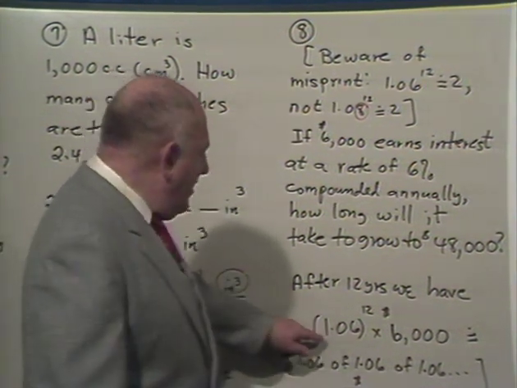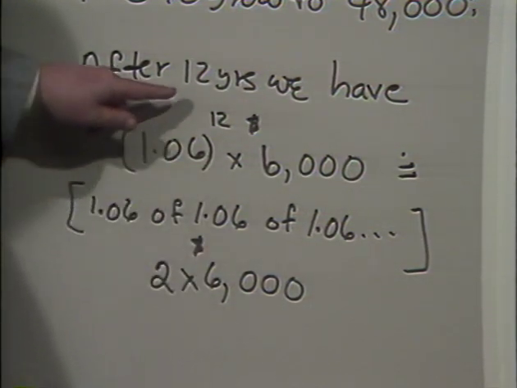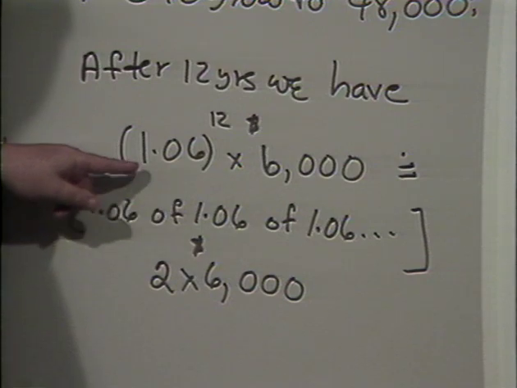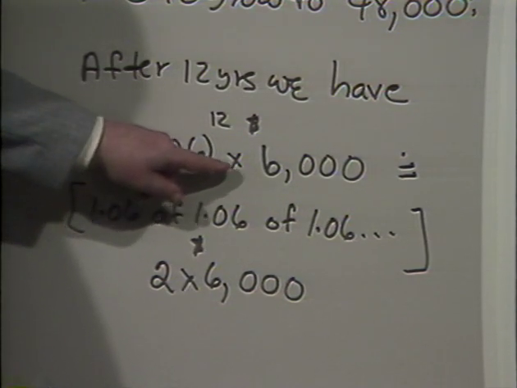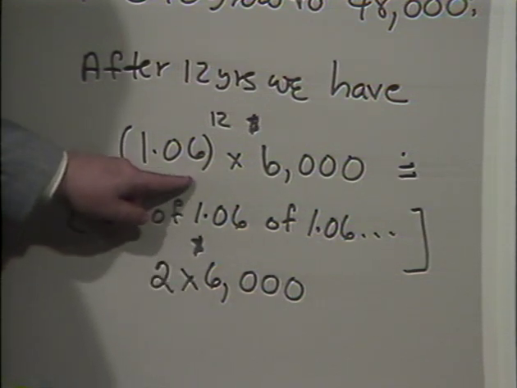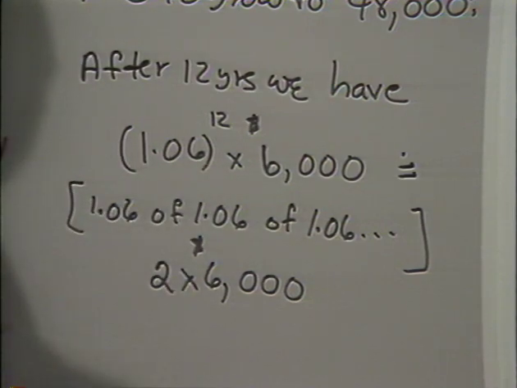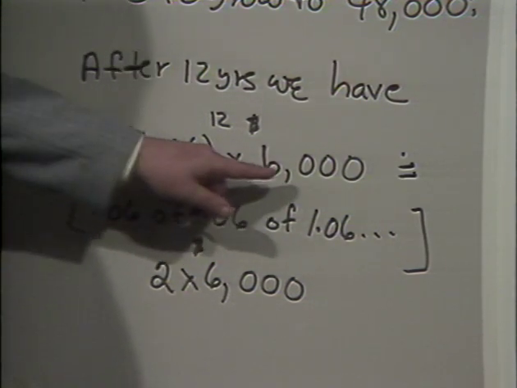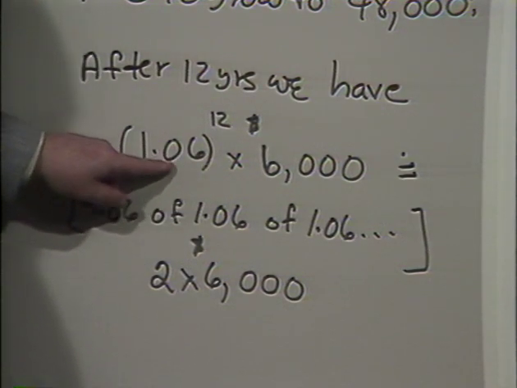In other words, every year, you're taking 1.06 one more time. So you see, after 12 years, the 6,000 will be what? 1.06 to the 12th power times 6,000, okay? And by the way, if you have the y to the x calculator, this is a very easy problem to do.